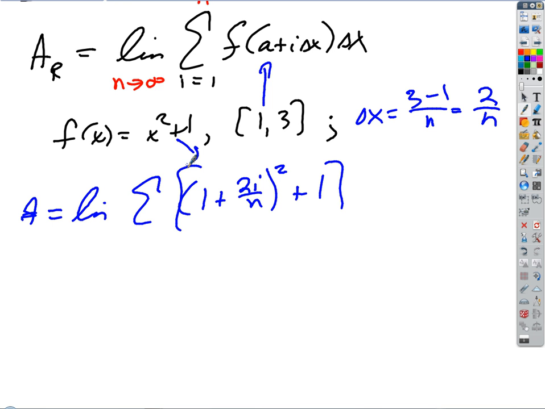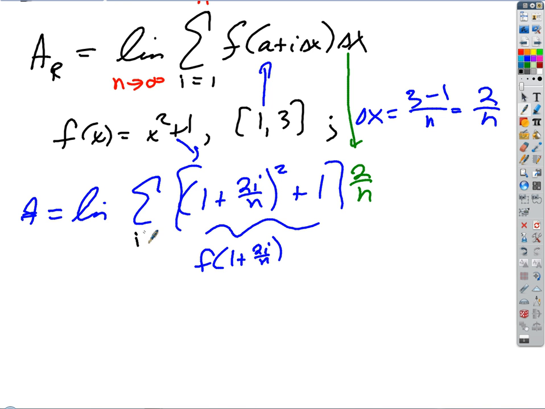Okay, so this whole thing is f of 1 plus 2i over n. I have to multiply that by delta x, and we're going to take the sum as i goes from 1 to n, in the limit as n goes to infinity.